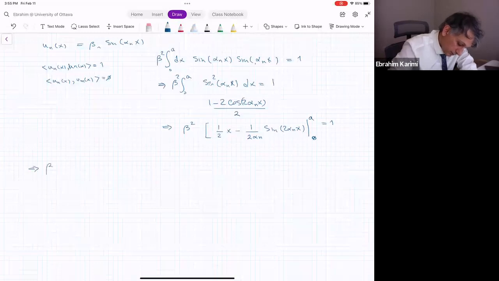Let's do the mathematics: beta power of 2 times the first term, which will be a divided by 2.